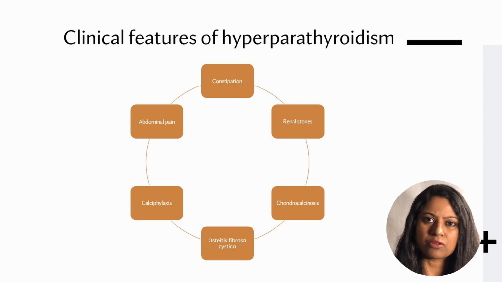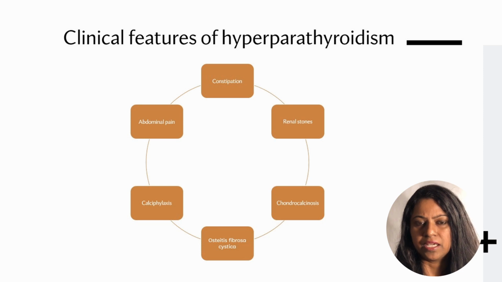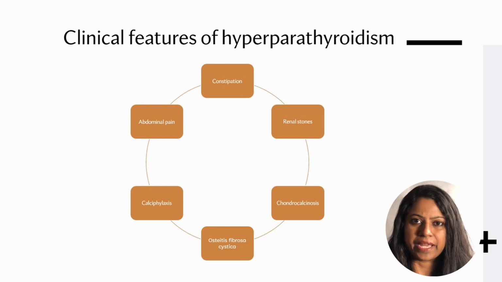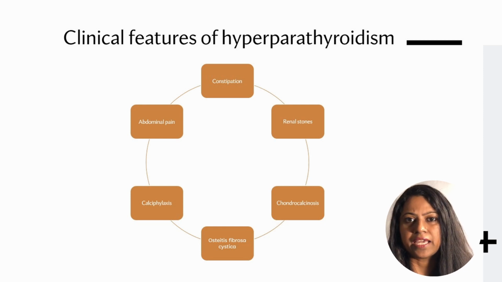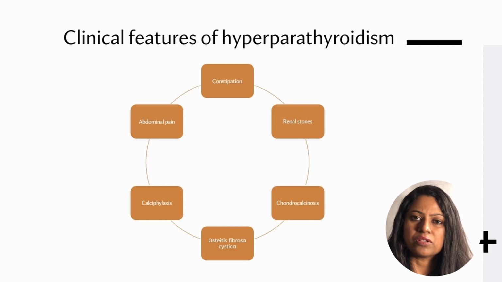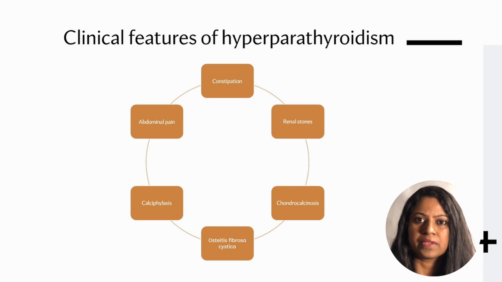The clinical features of hyperparathyroidism are due to the effects of hypercalcemia. It may present with abdominal pain, constipation, renal calculi, psychiatric or mental changes, anxiety, mood changes, or some specific features like calciphylaxis and osteitis fibrosa cystica.